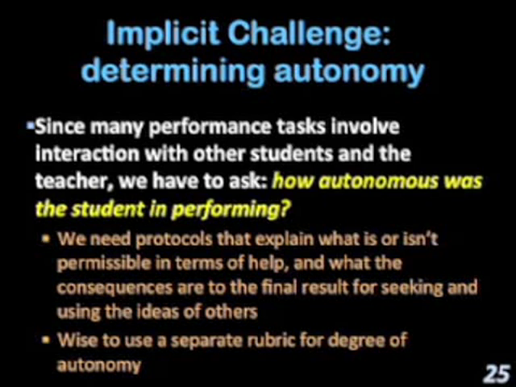We have to make sure that the student is performing independently or autonomously. We have to make sure that we have a good read on the student's level at independent performance. And so we have found it helpful to recommend to people the following rubric: a rubric for the degree of autonomy of the student work in question.